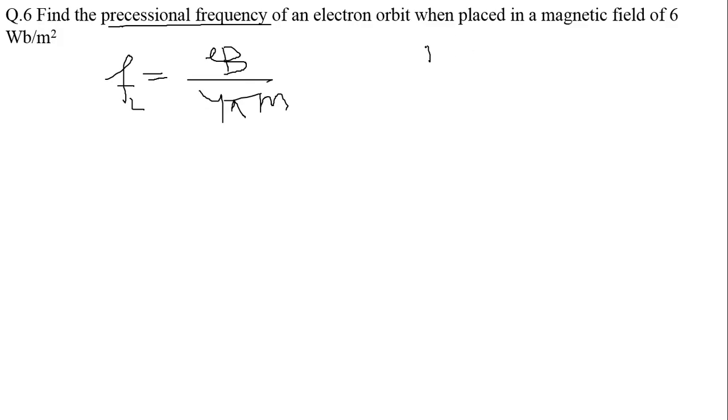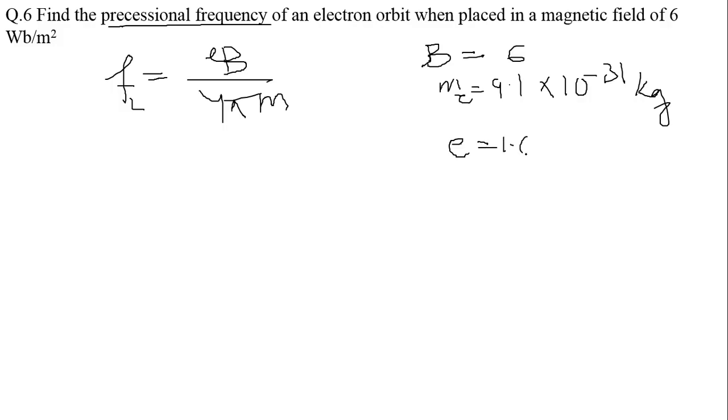The value of B is given: 6 Weber per meter square, which is Tesla. The mass of an electron is 9.1 into 10 to the power minus 31 kg. The charge of an electron is 1.6 into 10 to the power minus 19 coulomb, and pi.